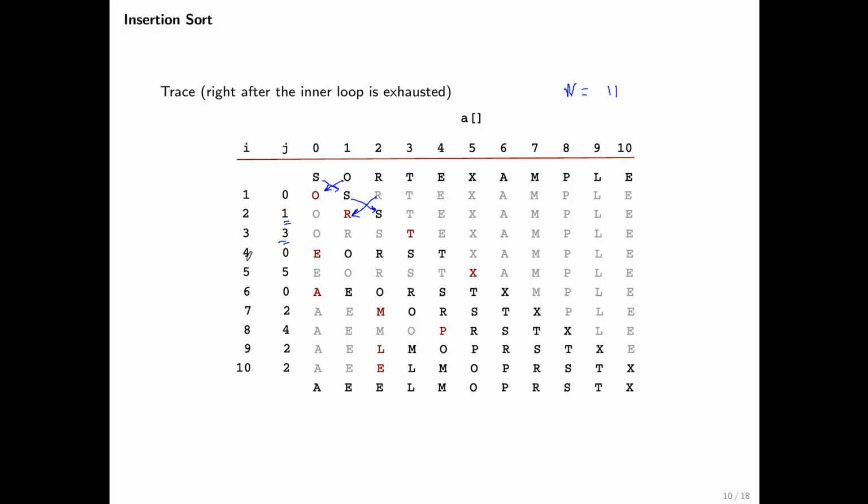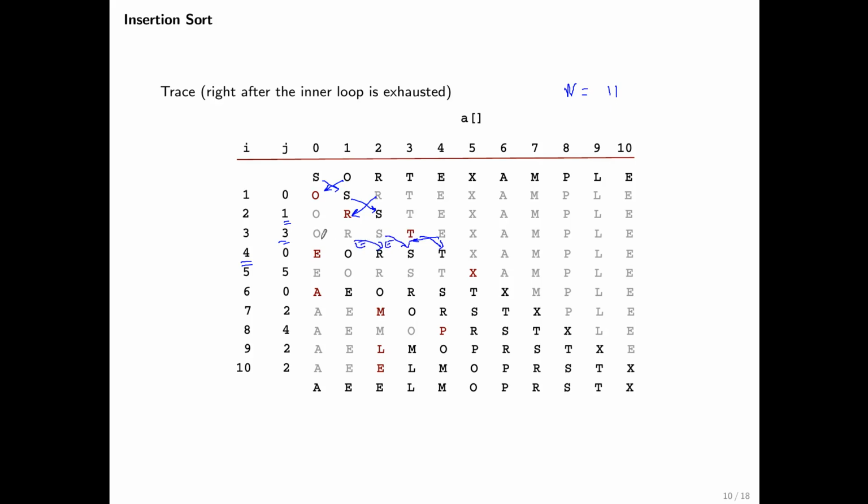i becomes 4, so we are looking at this E here, and j also starts there, and it compares E with T. It's smaller, so E goes here and T comes there, and now you compare E with S. E is smaller, so S goes there and E comes there. You compare E with R. E is smaller, so R comes there and E goes there.